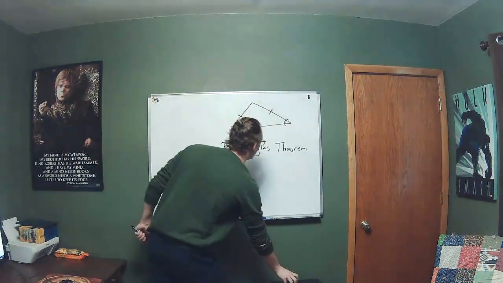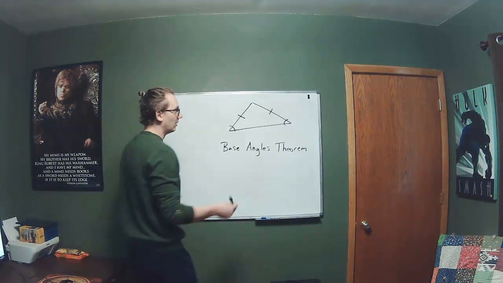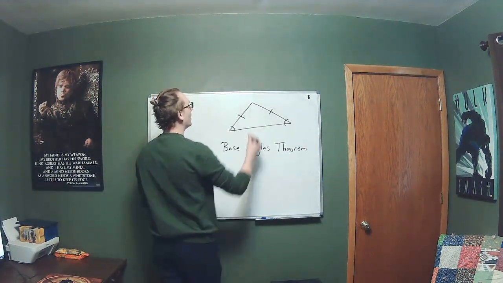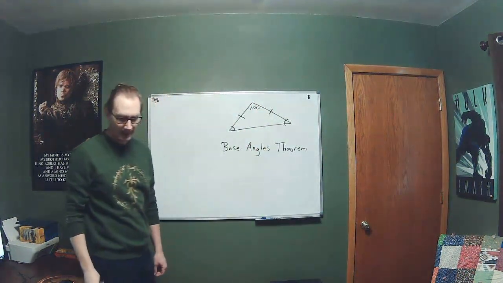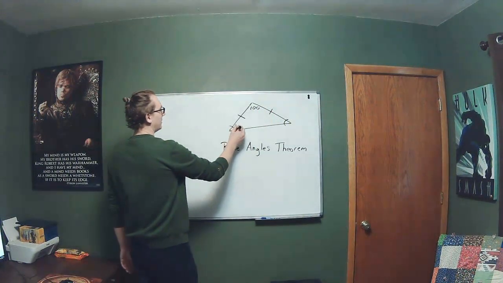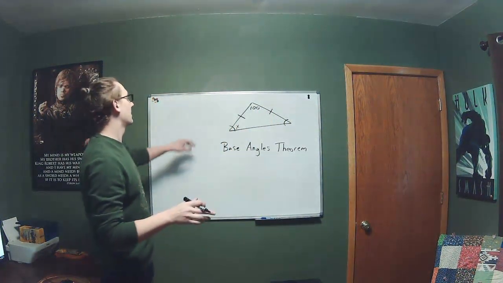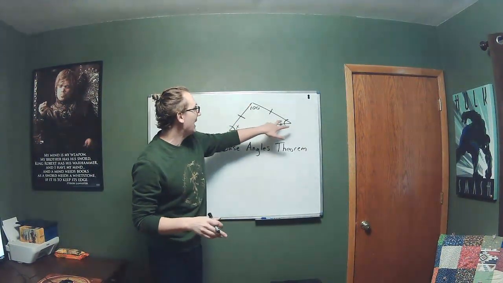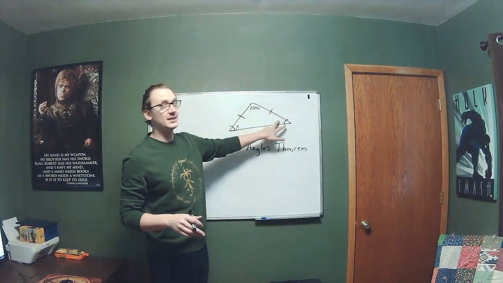So if they give you an isosceles triangle, and I don't know, that's 100? I'm going to call that 100. Okay? And I ask for this angle measurement. The solution to this, I know that all three add up to equal 180 degrees. These two are the same.